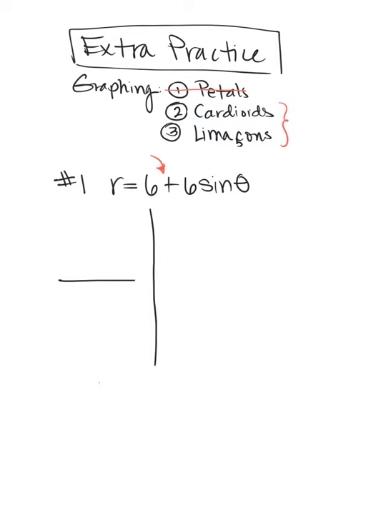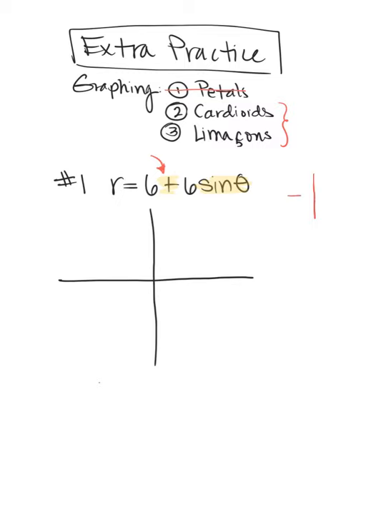This is a shortcut way for us to graph without having polar paper or drawing those concentric circles. For this one, I want to look at the orientation. I have an addition and I have sine theta, so I have to think about what I know about adding and sine theta.